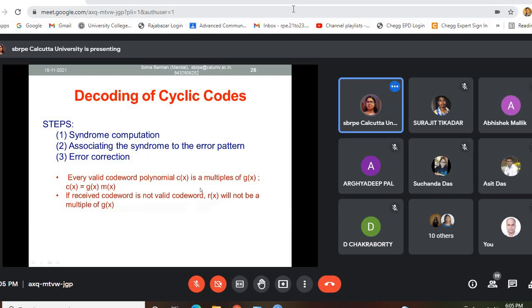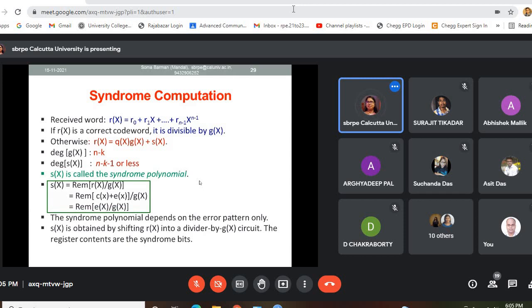And if any error is there, that means the code word is not a valid code word, so R(x) will not be a multiple of G(x). This is the checking of the syndrome.